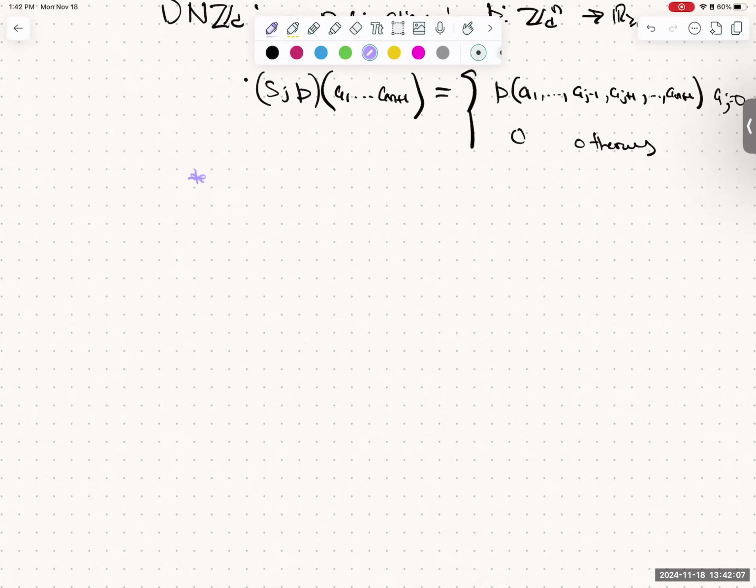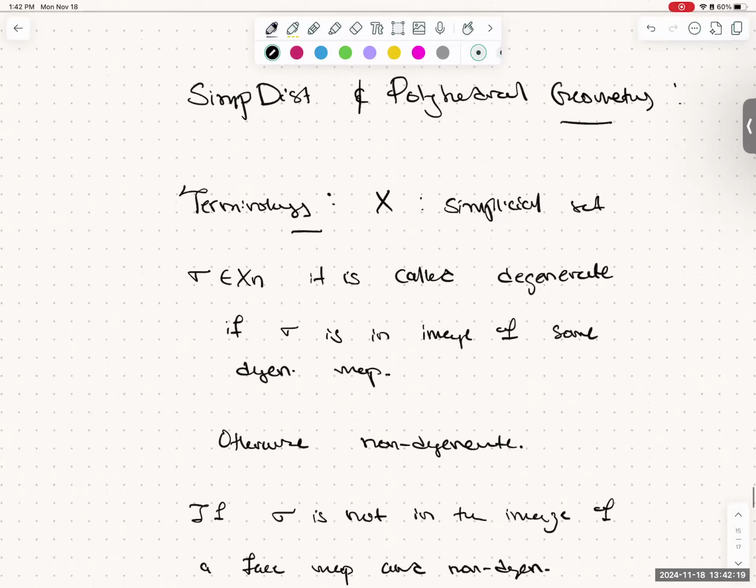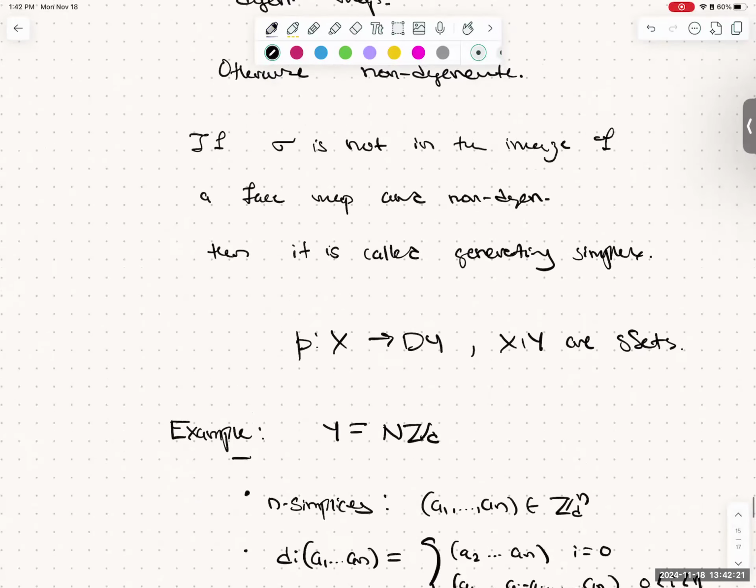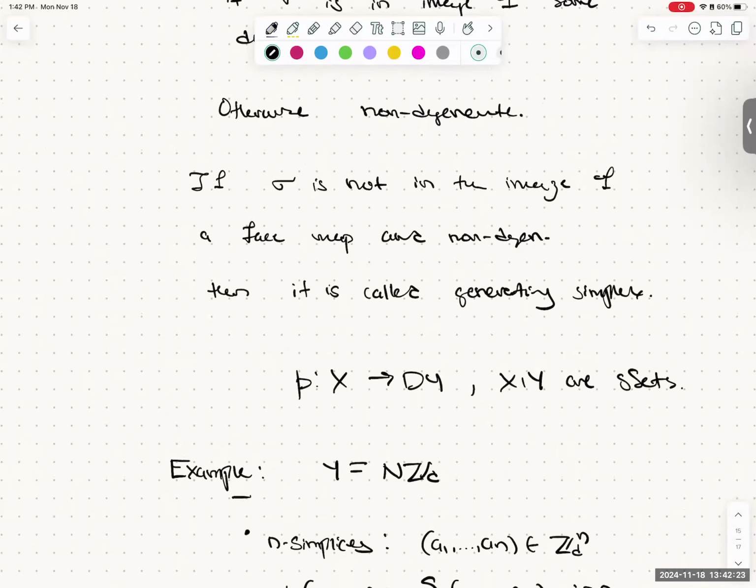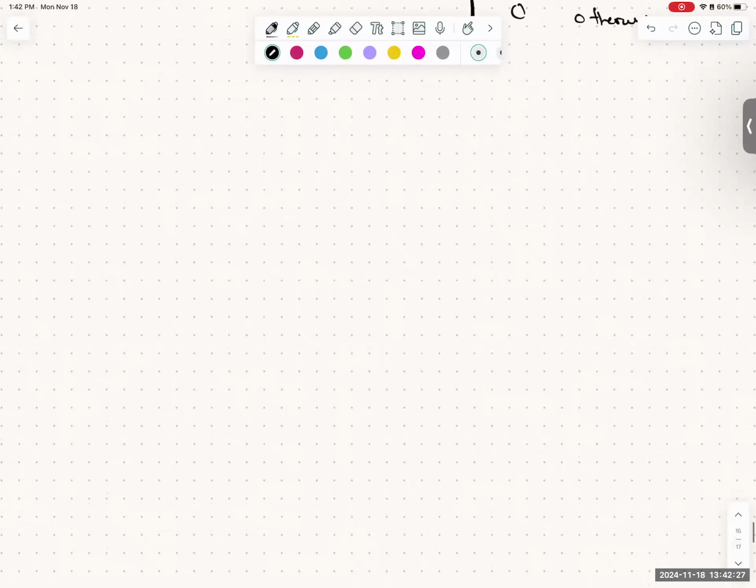And so the thing I want to say here is that the degenerate simplices for this simplicial set are determined by the lower dimensional ones, just as we did before. That is going to motivate what I said before, that we only need to restrict ourselves to studying simplicial distributions, the collections of distributions on the generating simplices.